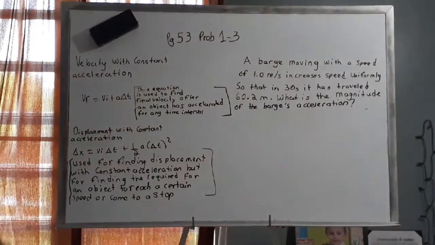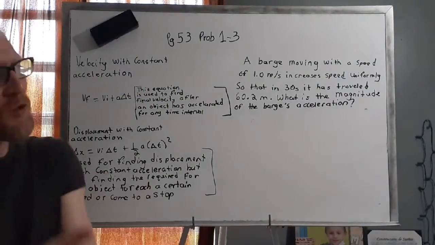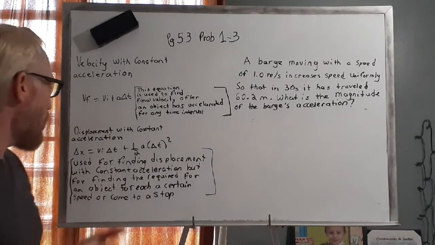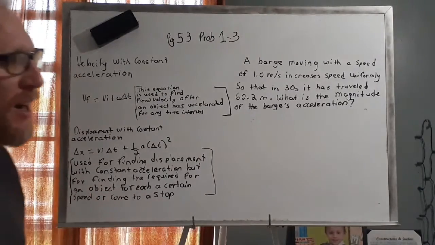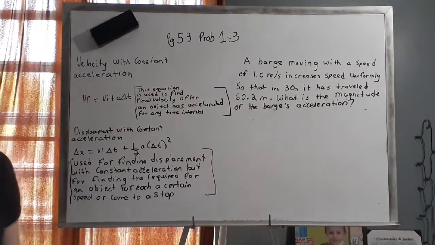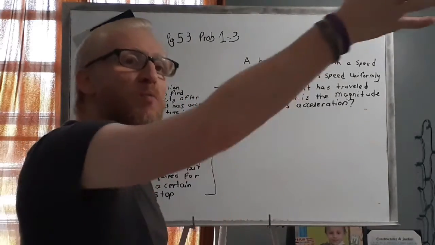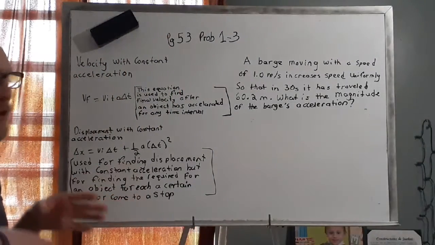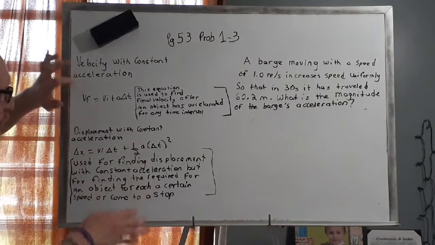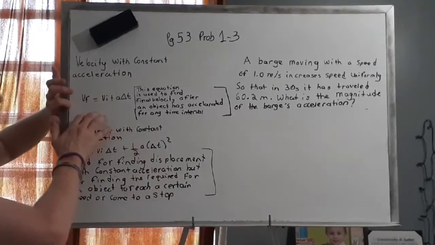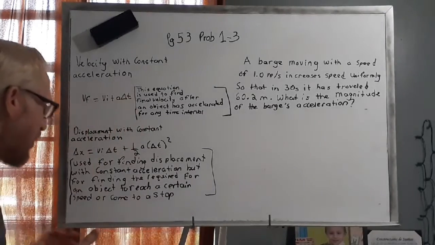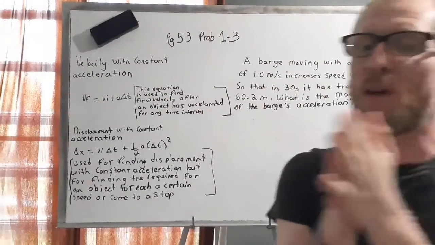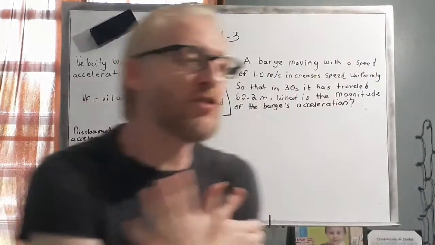So once again, it's used for finding the displacement of an object with constant acceleration, but it is also used for finding the specific acceleration in order for an object to move at a certain speed or come to a complete stop. Now, if we had to come to a complete stop, we would actually have to use both formulas. One to find the final velocity, and then the other one to find the displacement. But that's only when an object comes to a complete stop, which brings us to the problem.